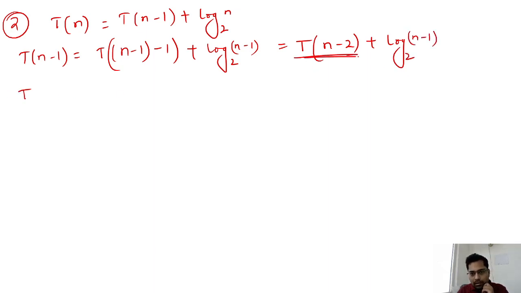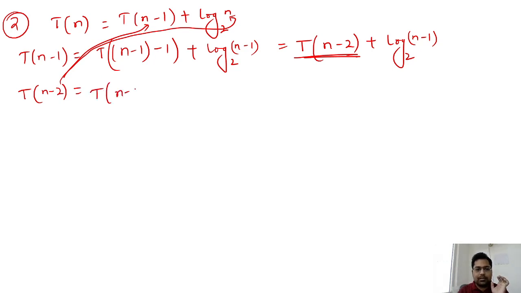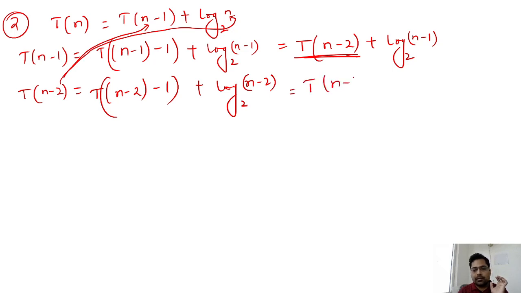And again, for this unknown term, we are writing n minus 2, putting the value directly in place of n, and here also in place of n only. We are not changing anything. So T(n minus 2 minus 1) plus log (n minus 2) base 2. Simplify that one: T(n minus 3) plus log (n minus 2) base 2. So these are the values we got.